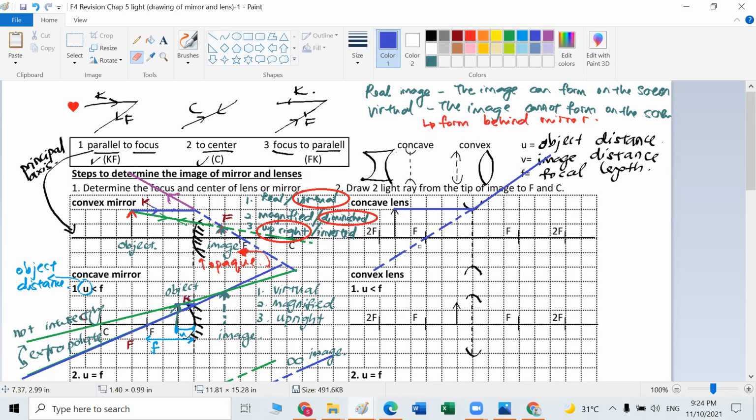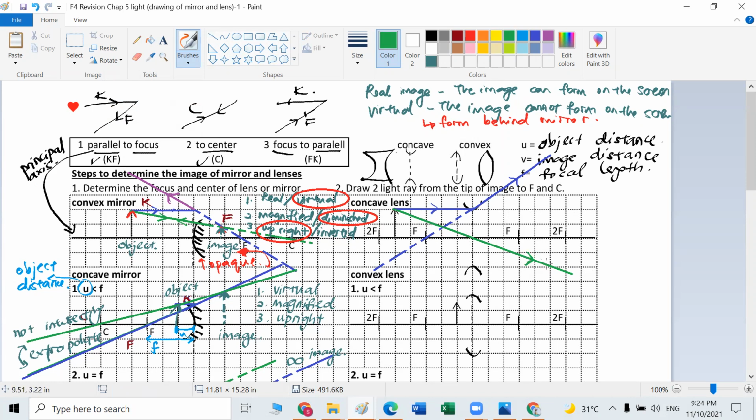Means the light uses the focus in front of the lens to diverge out. Then the C of the lens is the center here. So from the tip directly goes through center. For C, because this is transparent, it will directly pass through.